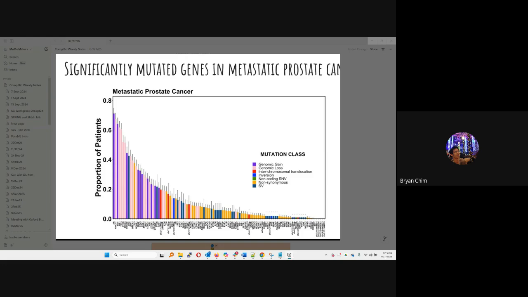And I'm guessing, yeah, AR and RB1, this is just indicating the presence of a mutation or any mutation at all in this proportion of patients. But if it's a stage 4 cancer, there can be multiple mutations.